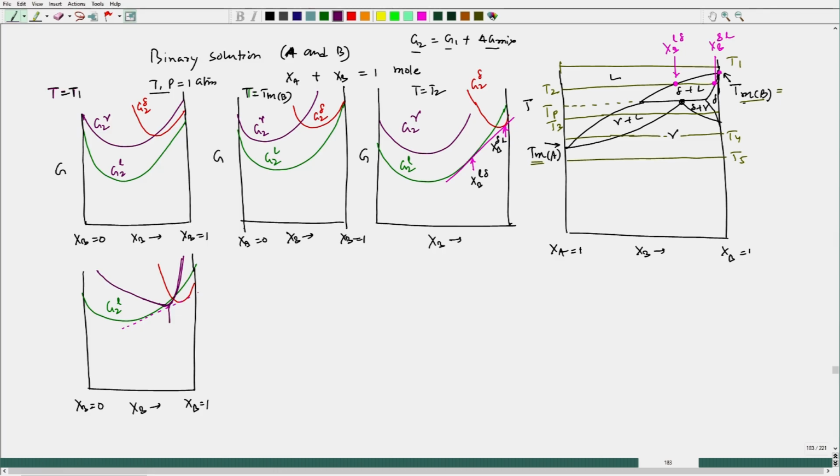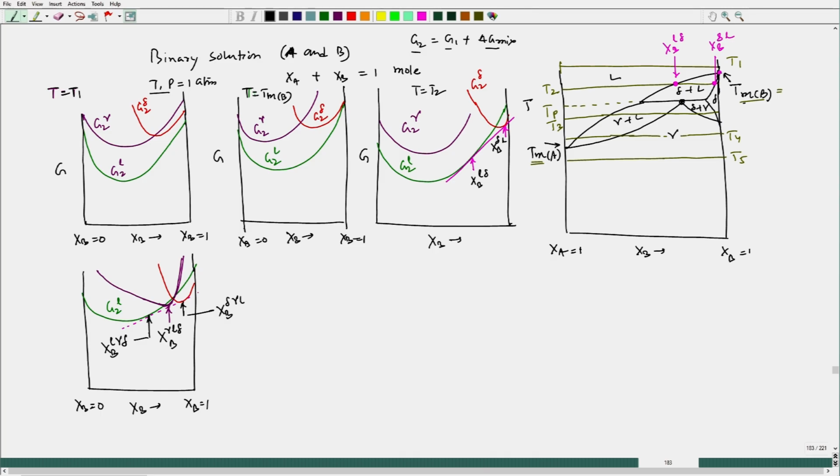Here this composition is XP of gamma in equilibrium with liquid and delta. This is XB of delta in equilibrium with gamma and liquid, and this particular composition is XB of liquid in equilibrium with gamma and delta.